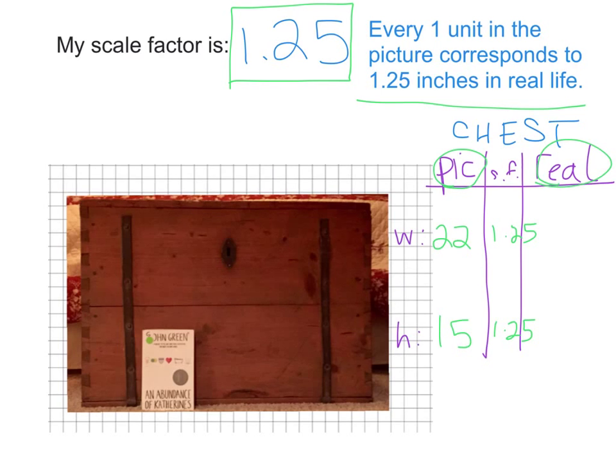So now I know I need to multiply 22 times 1.25 to find how many inches the chest is in real life. Same thing, I need to take 15 for the height in units times 1.25 to find how many inches the chest is in real life.